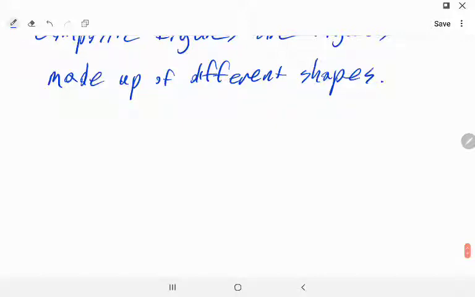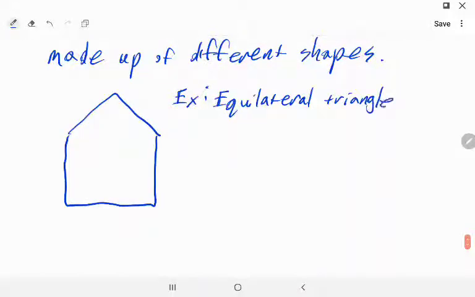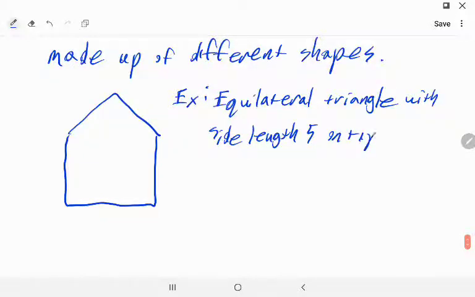We notice that if we had a triangle on top of a square, say it's an equilateral triangle on top of a square. So, example: an equilateral triangle with side length 5 on top of a square.